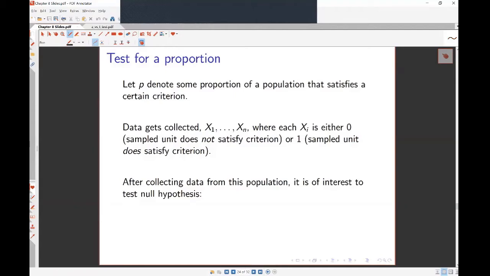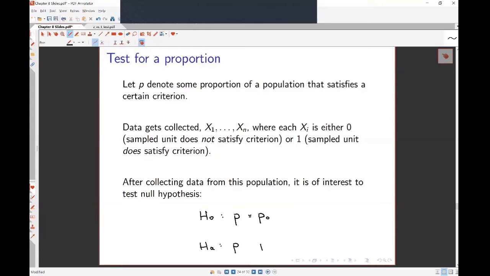So our null hypothesis is going to be of the form that the true population proportion P is equal to some specified value P naught. And of course, there then has to be an alternative, which is either a partial or a complete negation of the null.